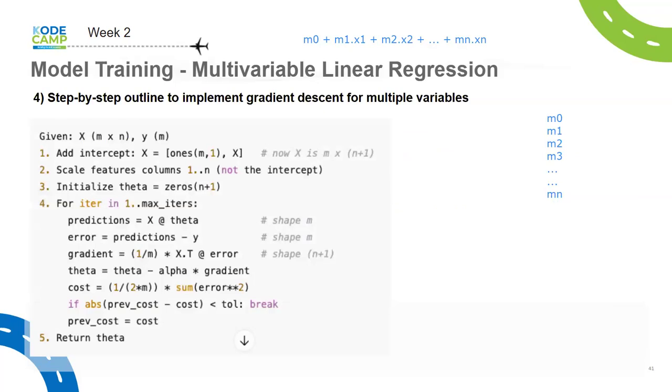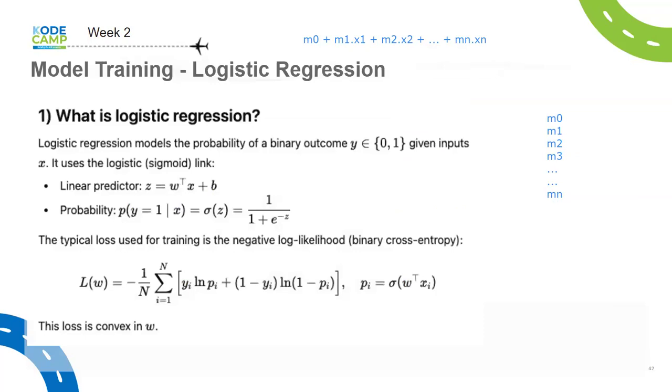But a logistic regression is used for classification. Why it is called logistic is that it does not predict a number. It does not try to predict the value. Rather, it tries to predict a classification. It models the probability of a binary outcome.